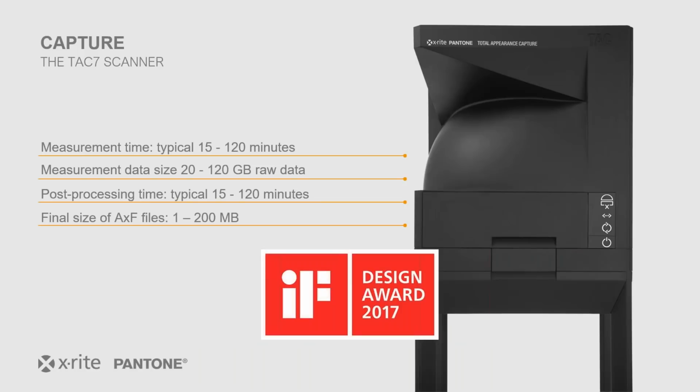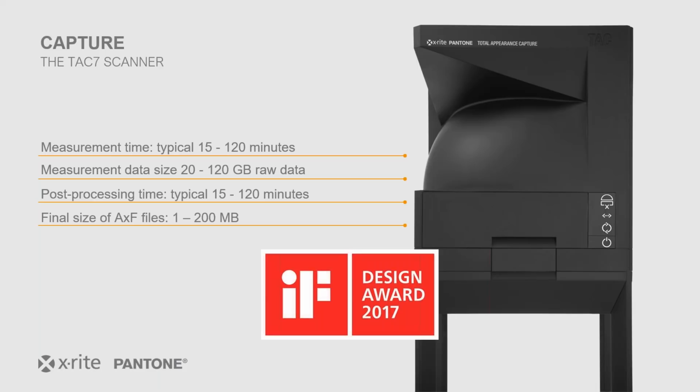So a little bit more detail on the capture scanner. The typical measurement time, 15 to 120 minutes. 120 is the very back end of the amount of time it takes. There is a fairly large amount of photo images taken, anywhere from 20 to 120 gigabytes of raw data. And most of the measurement time is just transferring that data to disk.